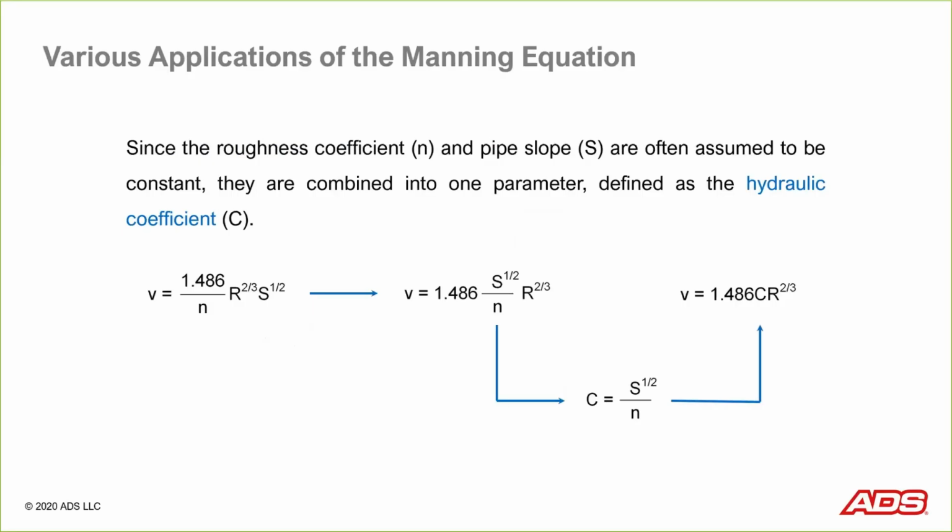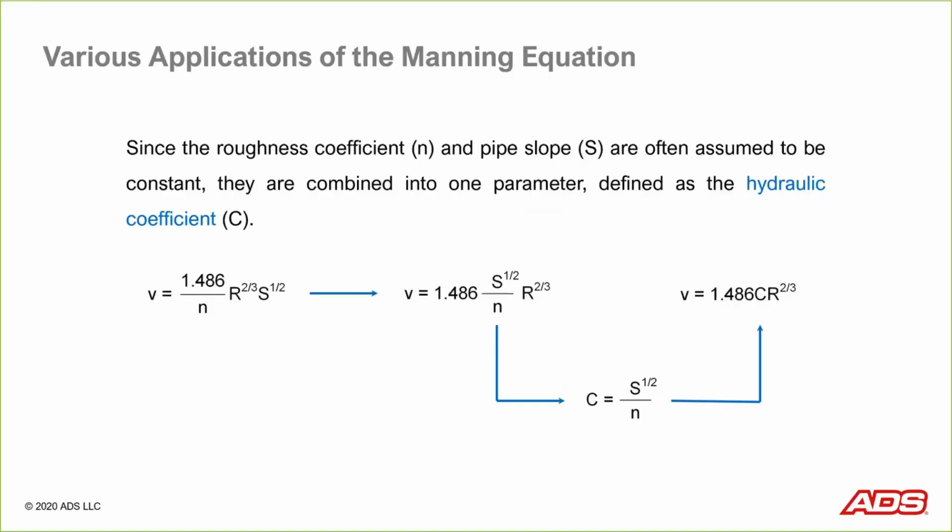So that middle equation you see, you'll notice that I have lumped together in the middle of that equation the pipe slope and the roughness coefficient. And then I can define them as one parameter. We'll call it a hydraulic coefficient. I call it C here. For people that work at ADS or have been around ADS for many years, another term for this has been the hydraulic coefficient, or HC, we've used before.